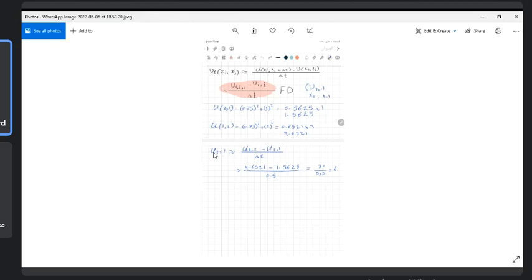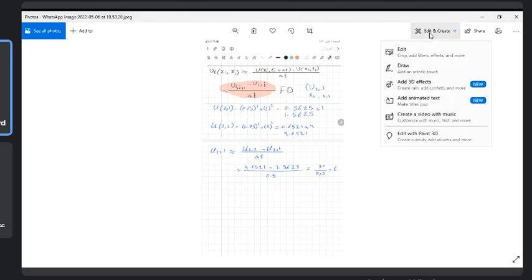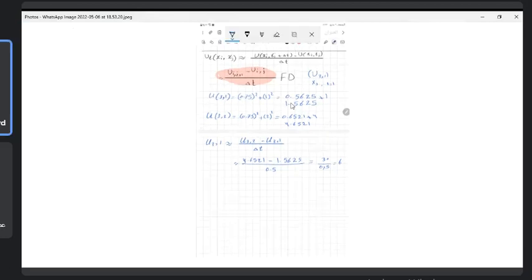Third, you write U3 and 1. Can you see? But you should see UT, the UT of 3 and 1, not U. We are going to compute UT, not U. U is clear.